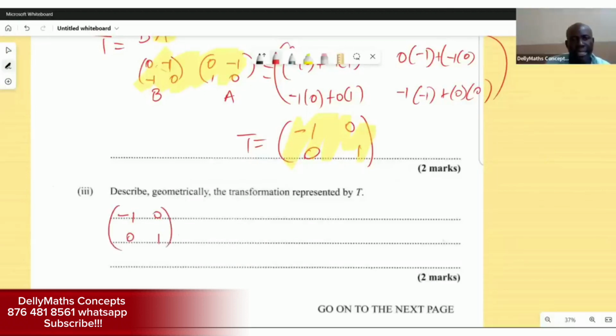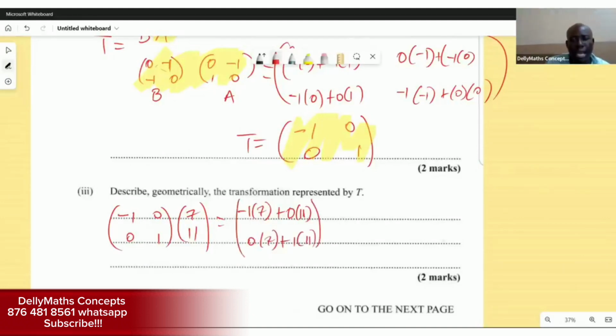Let us say I'm using the point 7, 11. Negative 1 times 7 plus 0 times 11. And then I'll have 0 times 7 plus 1 times 11.